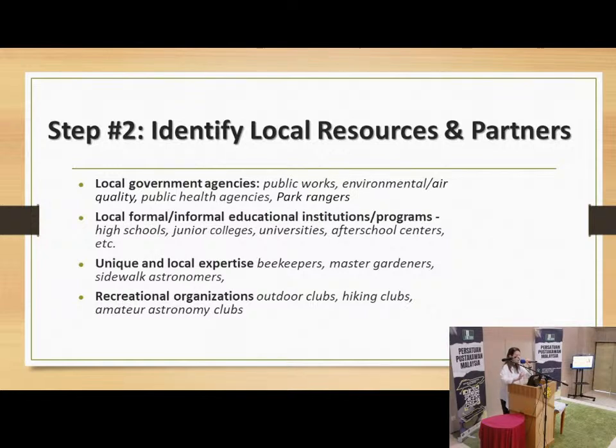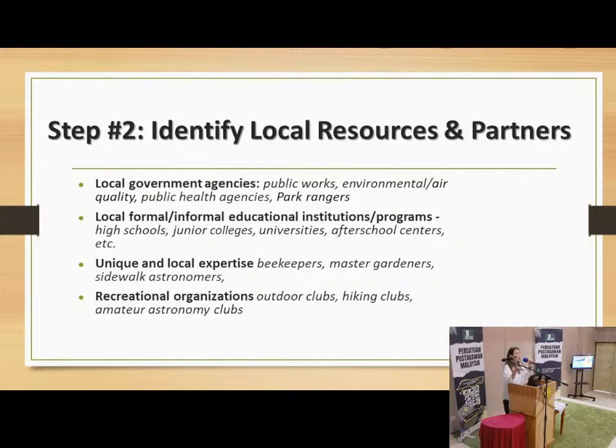So number one is, you can look into other local government agencies, other departments in the city. So for me, I look into the sanitation and environment, which is LA Sanitation and Environment. And we also work with the DWP for the water and power. And then you can look into park rangers or national parks.